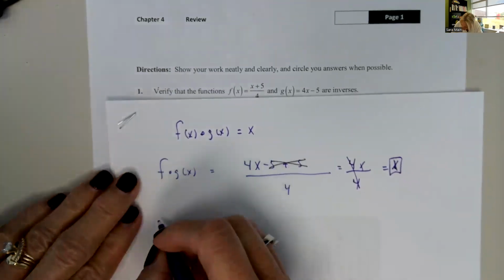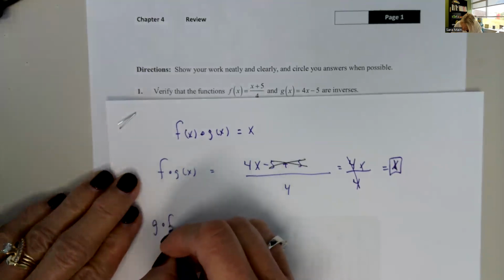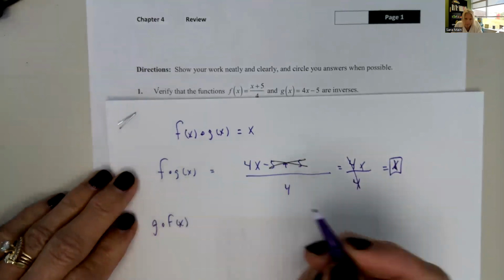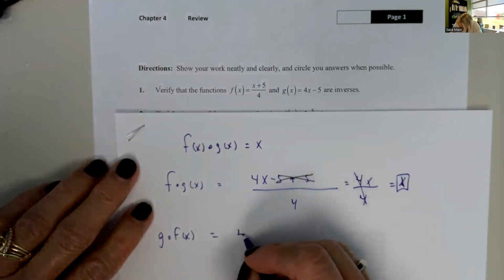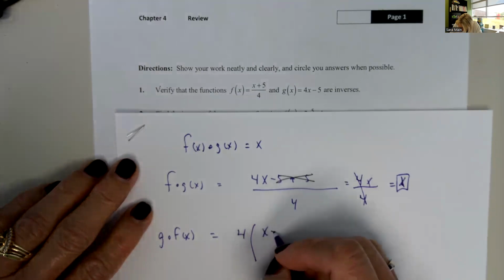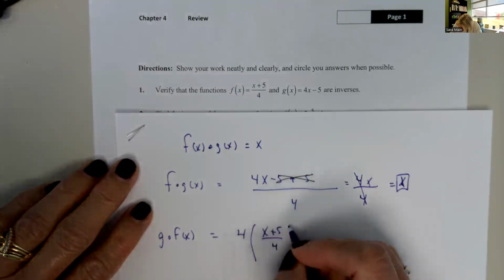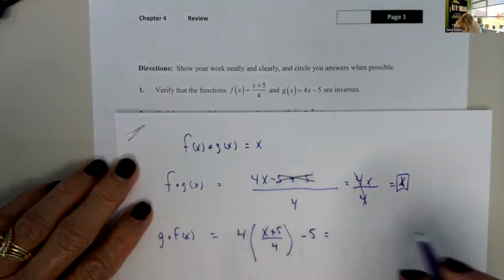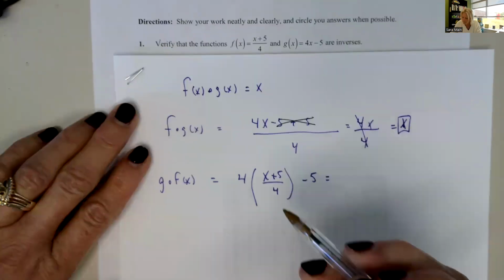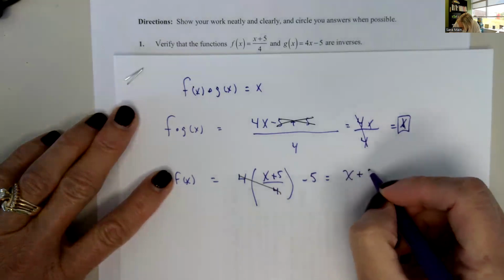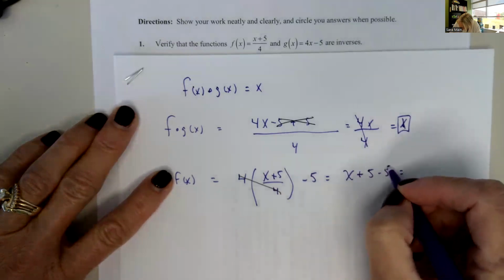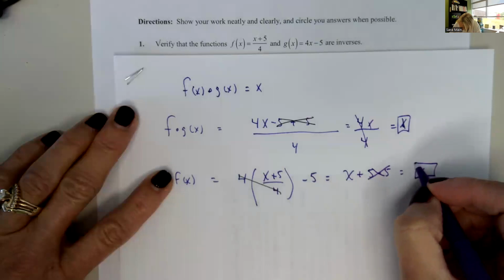Then I also have to show that g composed with f also works. So that means 4, in place of x, I'm putting x plus 5 over 4 minus 5. So my 4's cancel, and again, I'm left with x plus 5 minus 5, which simplifies to x.